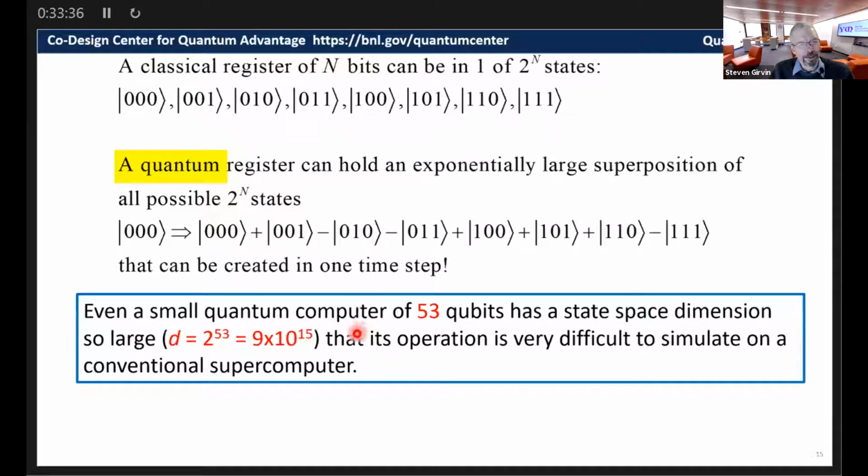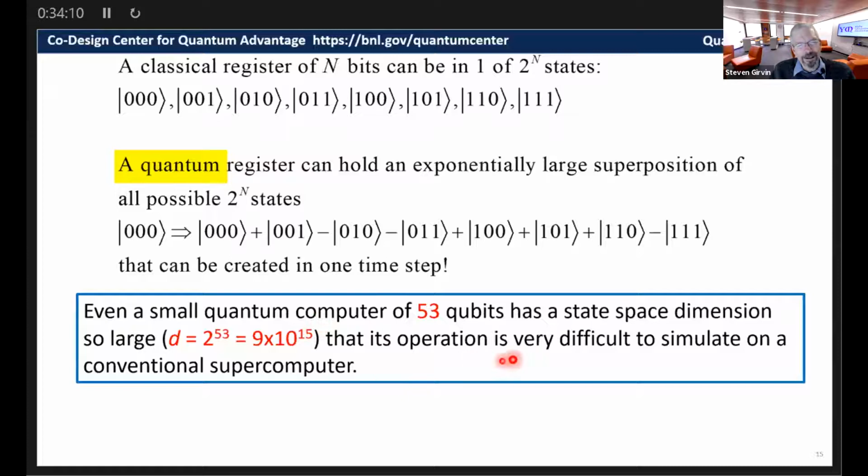So if you have even a small quantum computer, which today IBM and Google have machines with 50 or 60 qubits, the state space, the number of basis states you can be in, is 2 to the 53. That's about 1 petabyte of numbers.